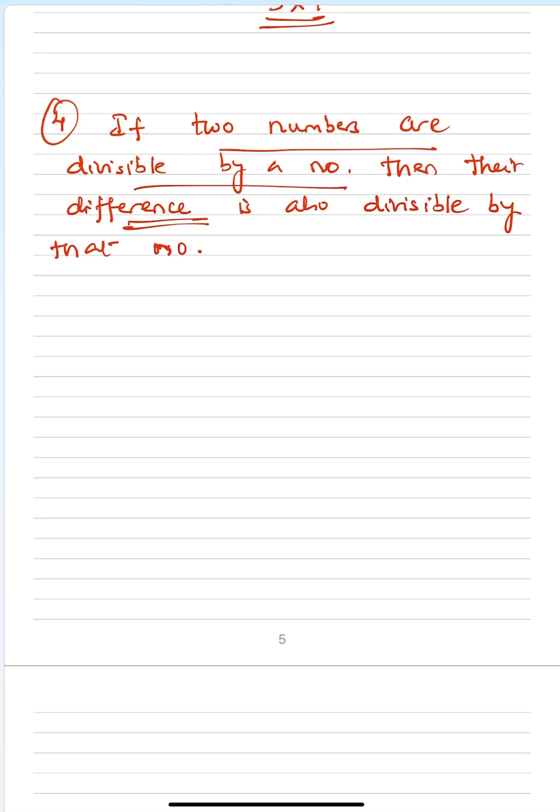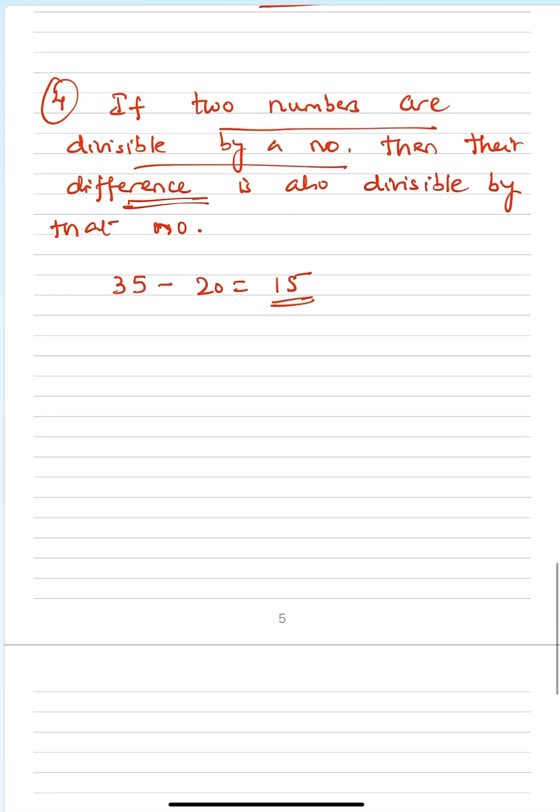Okay, say 20 is divisible by 5 and 35 is also divisible by 5. Then what will I do? 35 minus 20, which is equal to 15. This is also divisible by 5. The difference is this. Okay, that means 35 is divisible by 5, and here 20 is also divisible by 5.